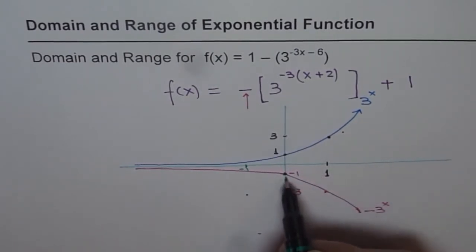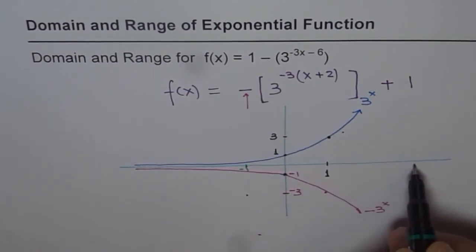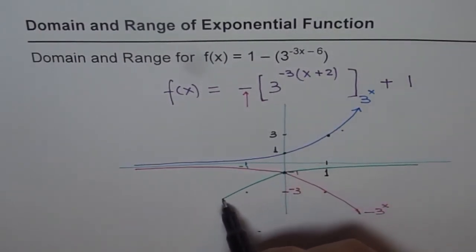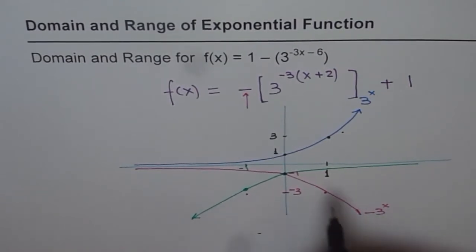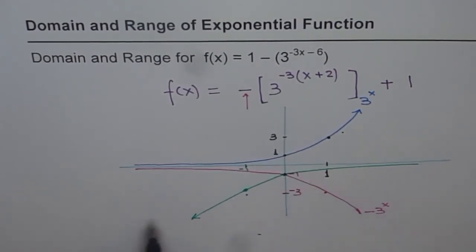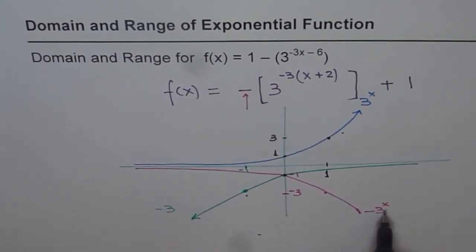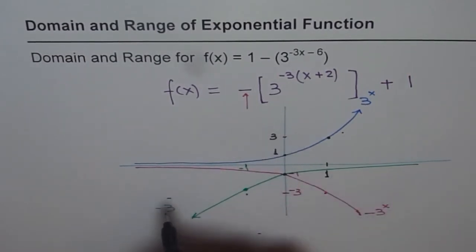Now we can sketch this graph as coming from this side. So let this be minus 3 for me. So this function is minus 3 to the power of minus x.